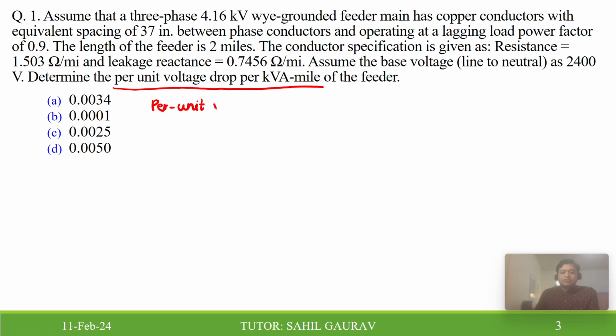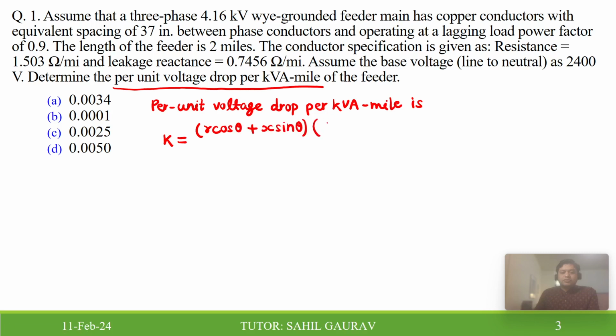The per unit voltage drop per kVA mile is denoted by K, and we have the expression K equals (R cos theta plus X sin theta) into 1 by 3 of 1000 divided by Vr into V base.